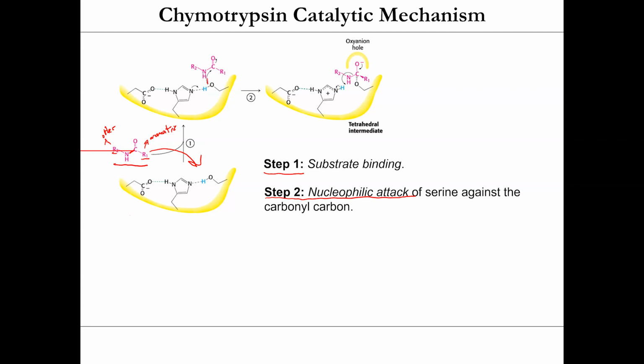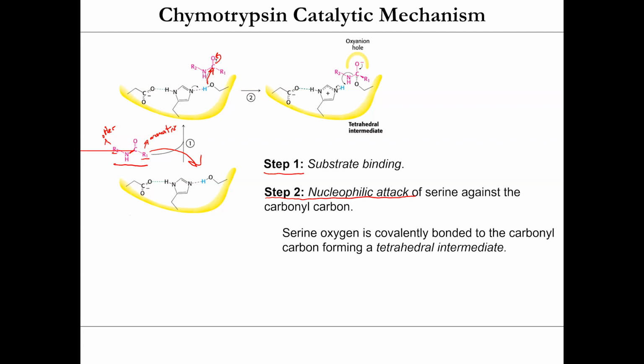So you can see right here, this alkoxide ion generates a nucleophilic attack on this carbonyl carbon, and then the electrons from that double bond will then go to the oxygen, and what forms is something called a tetrahedral intermediate.